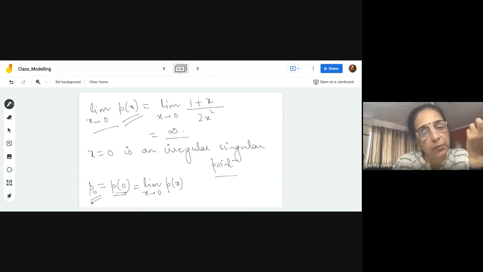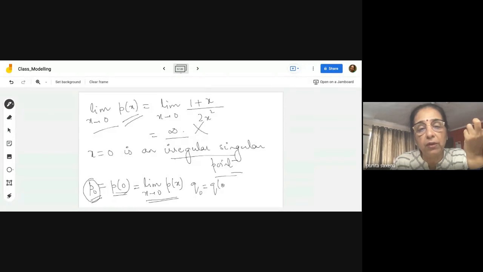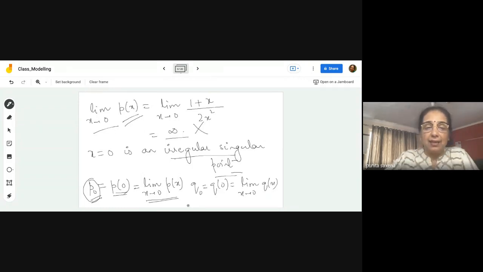We call that p naught. But in case we have to evaluate the limit, then whatever the limit value is becomes my p naught. And mind you, this p naught cannot be infinite. That's why we will not consider the cases of irregular singular points. Similarly, your q naught will be q evaluated at 0, which is nothing but the limit as x tends to 0 of small q(x).